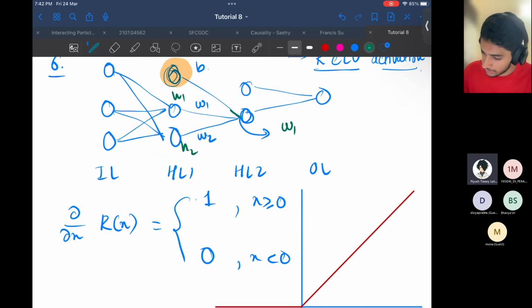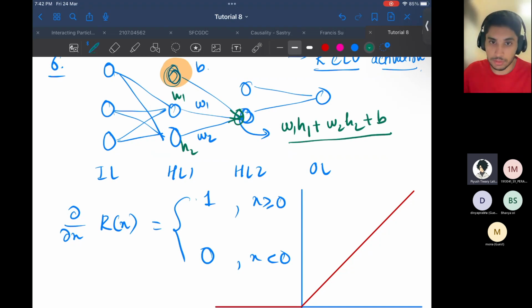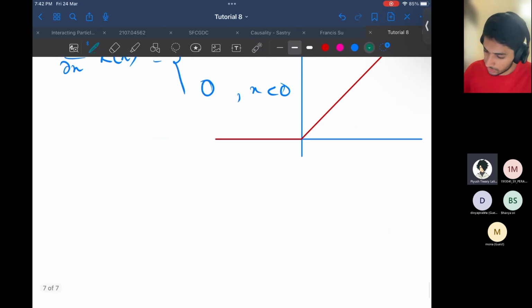So the thing that should be going here is W1 times H1 plus W2 times H2 plus the bias term B. So let me write it down: W1 H1 plus W2 H2 plus bias term.